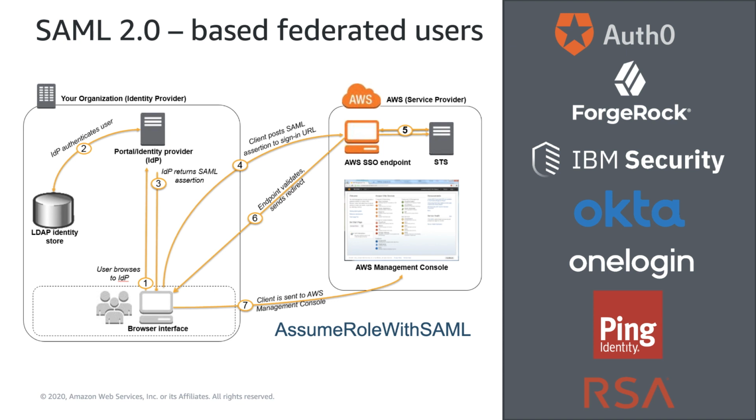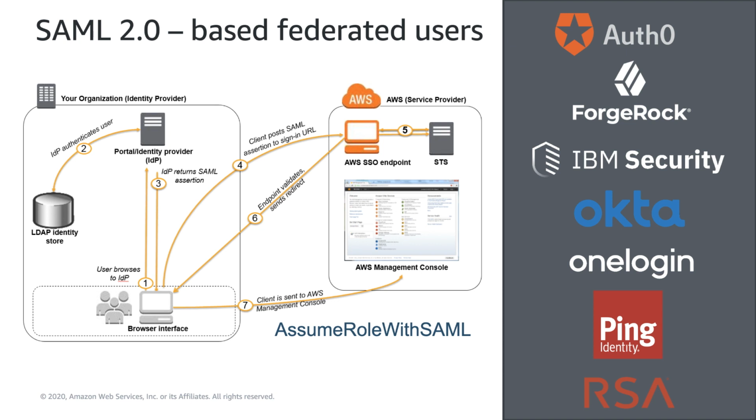The identity provider specifies which roles can be used by providing one or more Amazon Resource Names, also called ARNs, for each role. These ARNs are unique identifiers for these roles. If a user has access to multiple roles, the identity provider passes an ARN for each role. When this happens, IAM prompts the user to choose the role they want to assume.